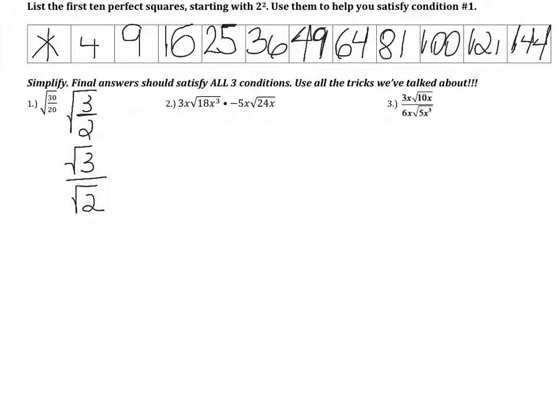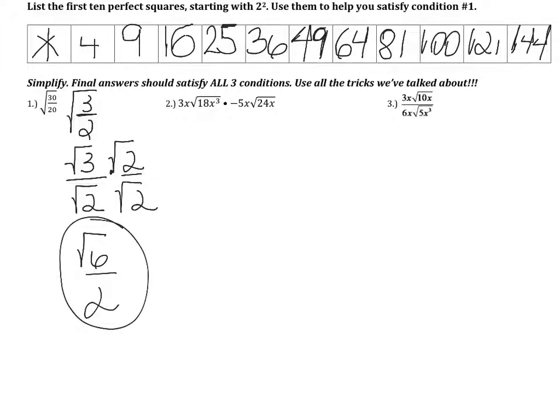And now that doesn't satisfy the condition that says I can't have a radical in the denominator. So what I'm going to do now is multiply the top and the bottom by the square root of 2, because the denominator has a radical 2 in the bottom. Multiply the square root of 3 times the square root of 2 to give me the square root of 6 over 2. Done.